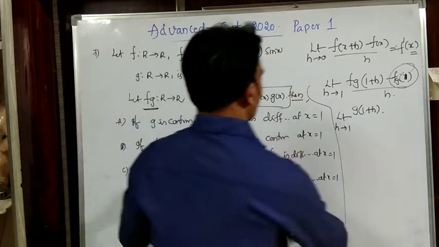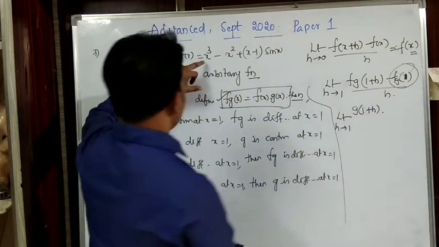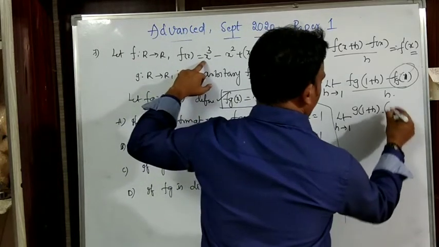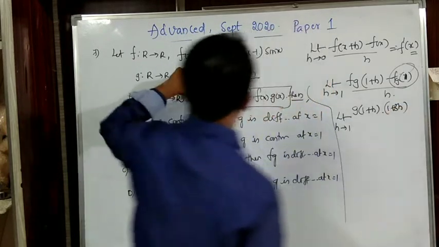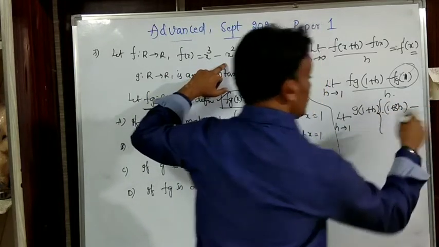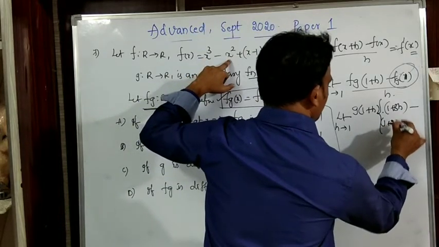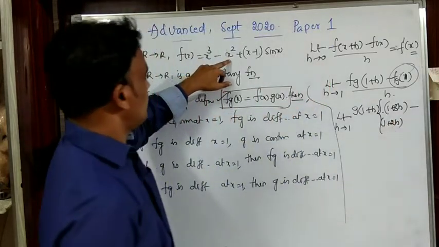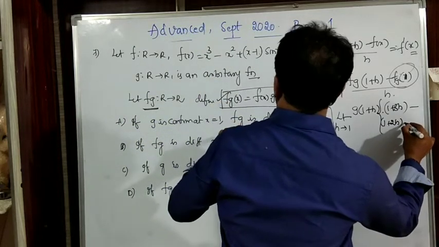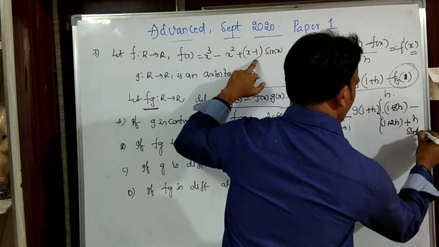I take the limit as h tends to 1. Here (1+h) whole cube I can take as 1 plus 3h, neglecting the higher terms, and minus (1+h) whole square, which is 1 plus 2h. Plus h into sin(1+h).